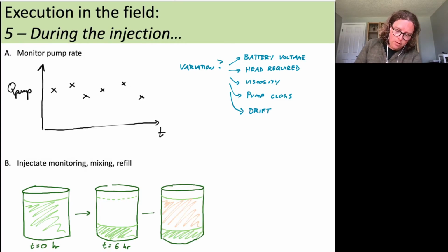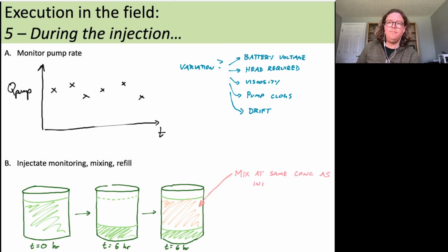So our protocol is to mix in a second reservoir, not the one you are pumping out of, but independently mix at the same concentration that you planned on initially, so the same mass per unit volume, and to basically refill that reservoir. So the reservoir with our brick that we were pumping out of is always the same, and we mix in a second reservoir and then put that into the one that's being pumped from.